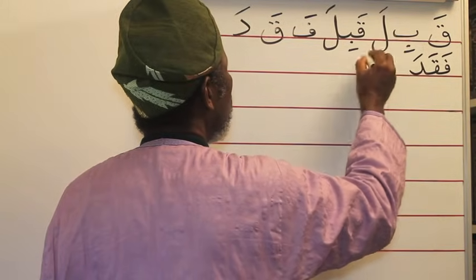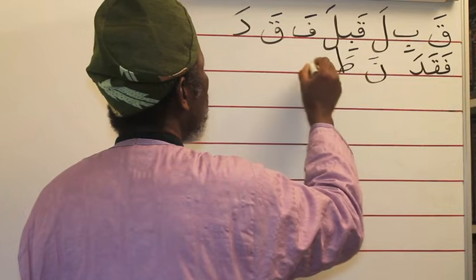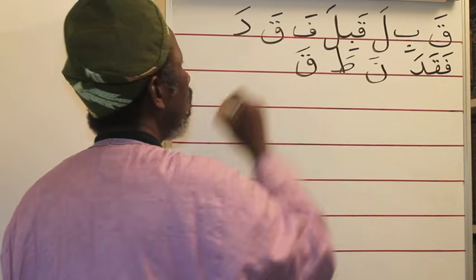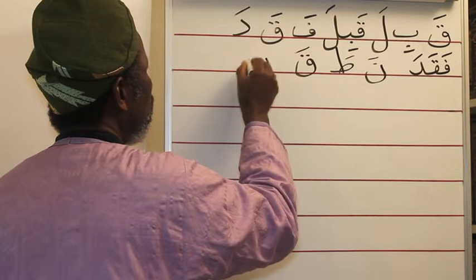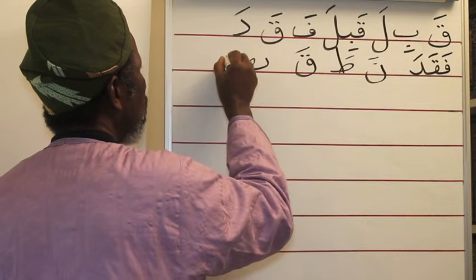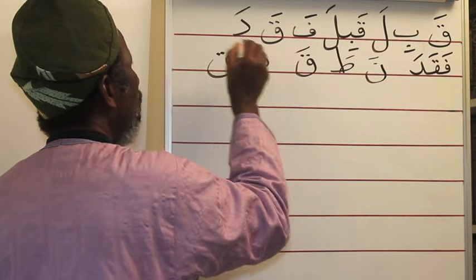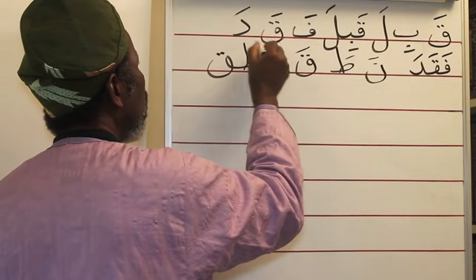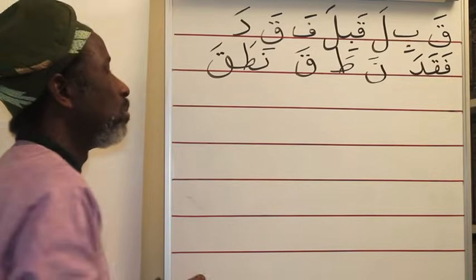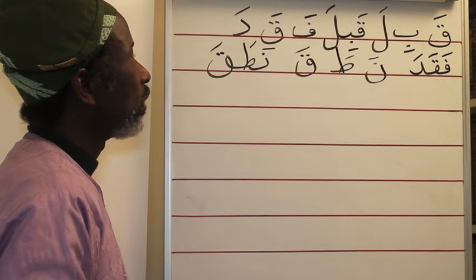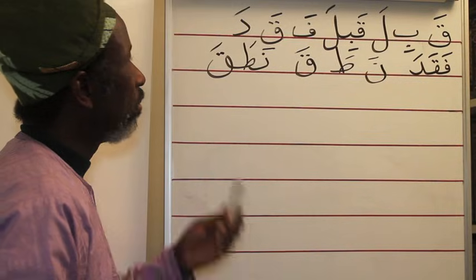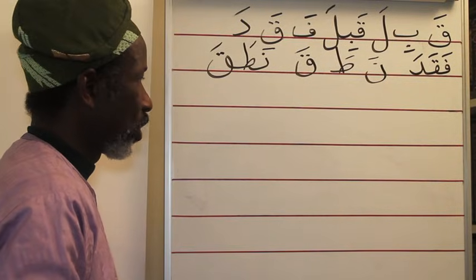Na, ta, qa. Nataqa. Joined. Na, ta, qa. Nataqa. So we've done now qaf, beginning, middle, and end.